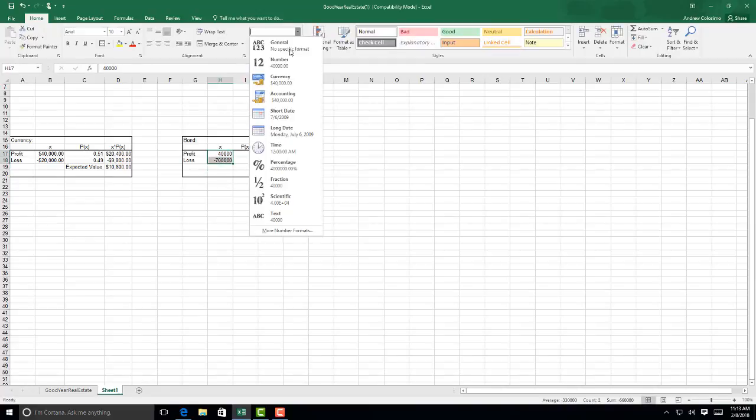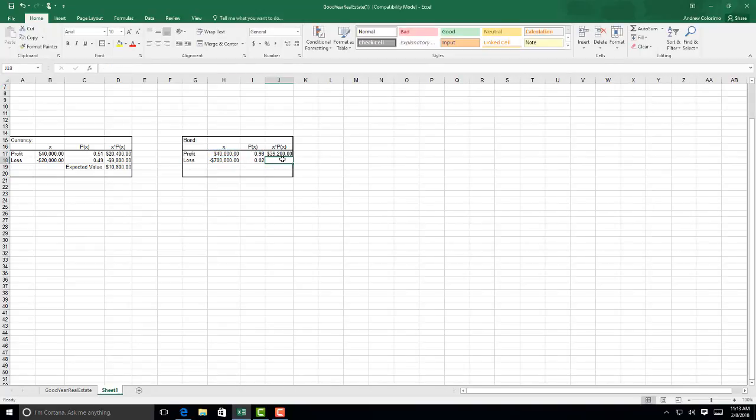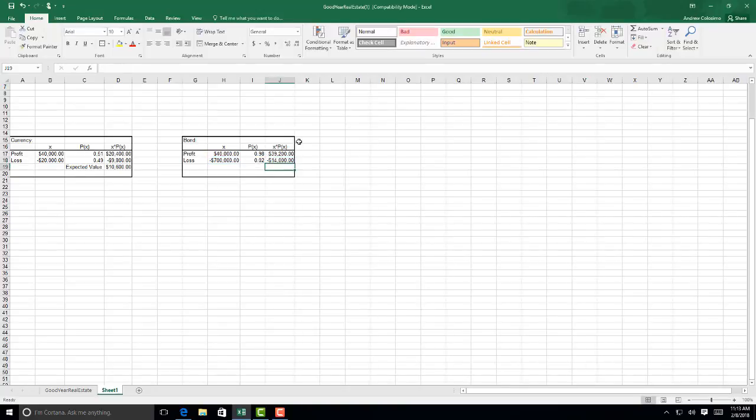Once again, I'm going to change these to currencies. The probabilities: we said a 98% chance of earning them, so we'll do 0.98, and then down here we'll do equals 1 minus that 0.98. We have a 0.02 chance. So the expected value of this is taking, once again, the outcome times the probability of that outcome.